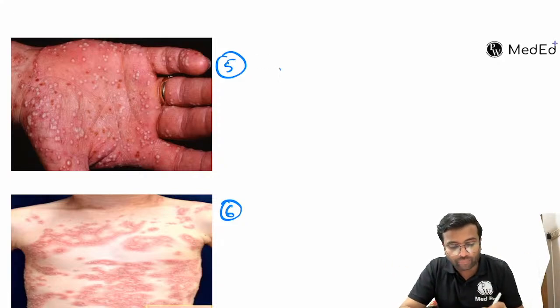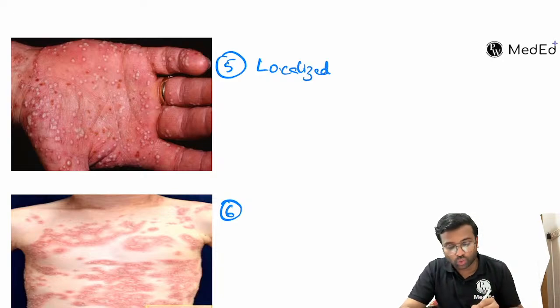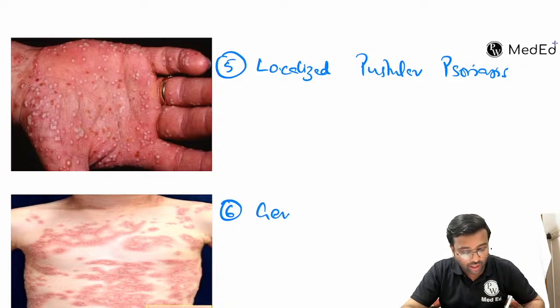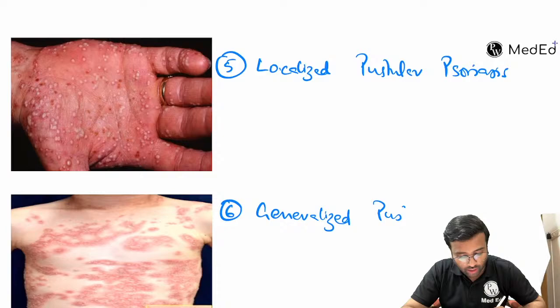It is easy to remember. The first one is called localized pustular psoriasis, and the second one is called generalized pustular psoriasis.